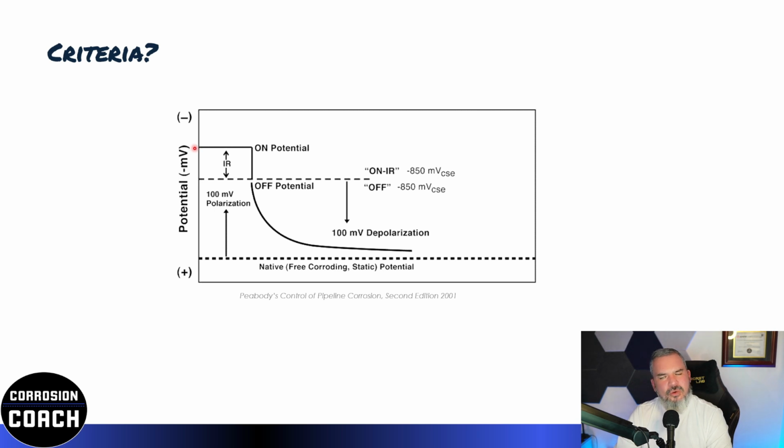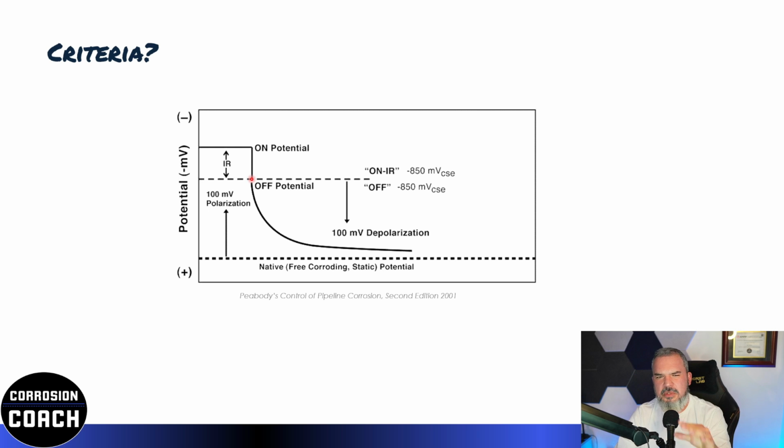But we can't, according to the standard or criteria, just take that reading. They told us we have to consider voltage drops. And so one way to try to tackle that is to conduct an instant off potential survey. So what we're going to do is turn our rectifier off, and that's going to drop that number more electropositive, actually, and it's going to give us something a little cleaner, something without error in it.